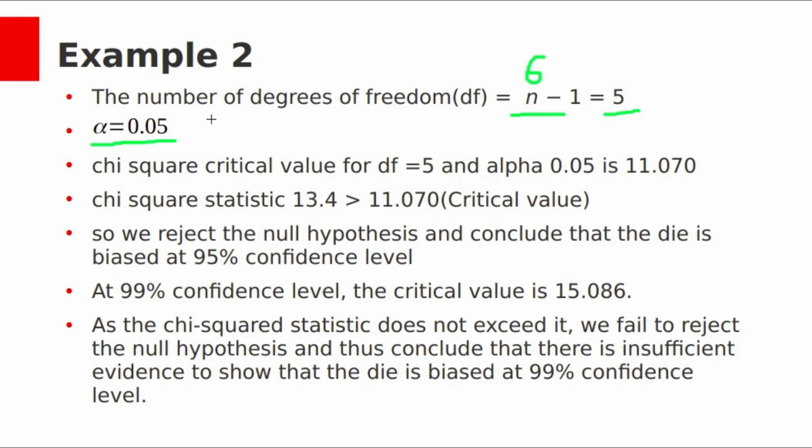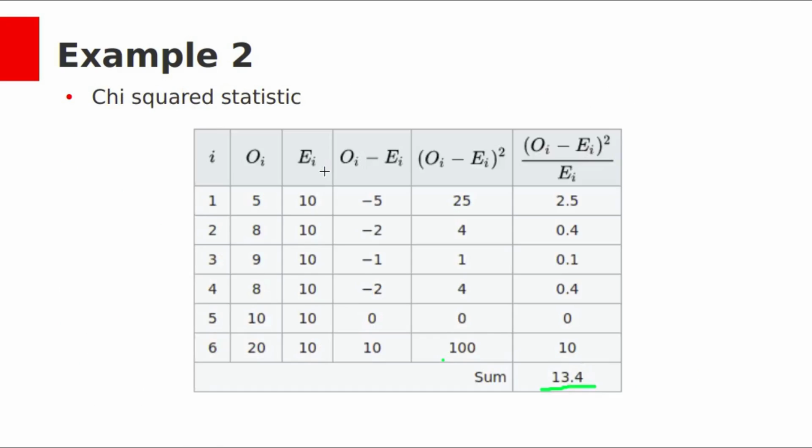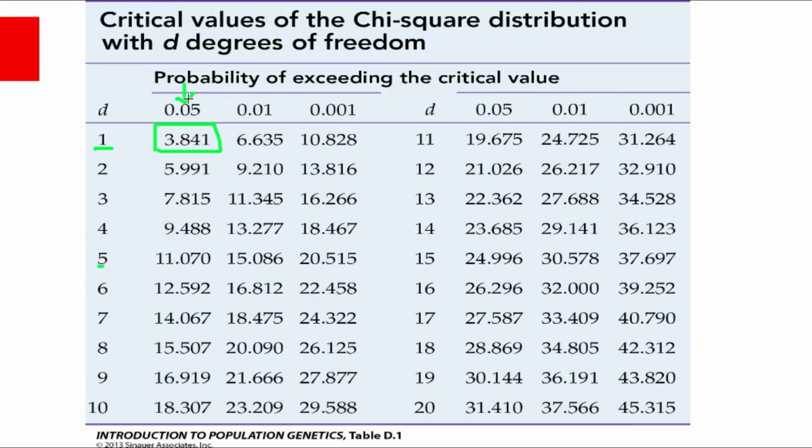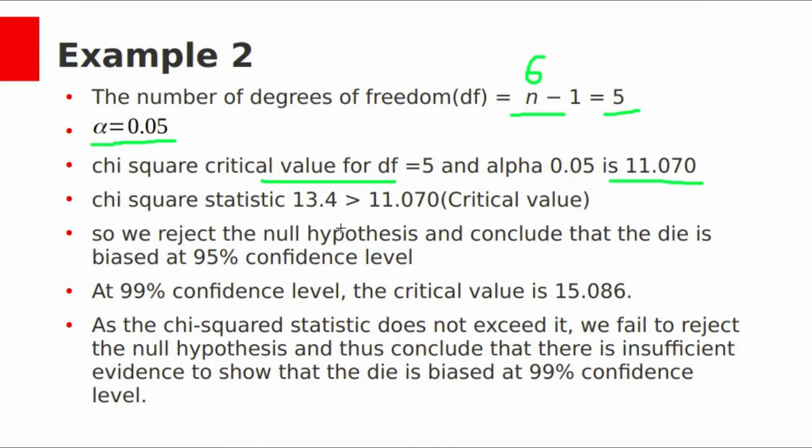If we take 95% confidence level, our alpha will be 0.05. Chi-square critical value for degree of freedom 5 and alpha 0.05. Let's see the table. Degree of freedom 5 and alpha is 0.05. This is our critical value, 11.070. Here the chi-square statistic 13.4 is greater than the critical value. A chi-square distribution with degree of freedom 5 looks like this.